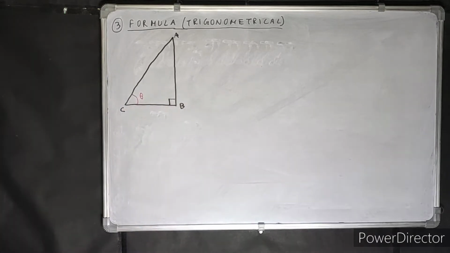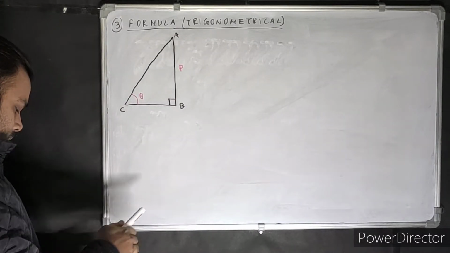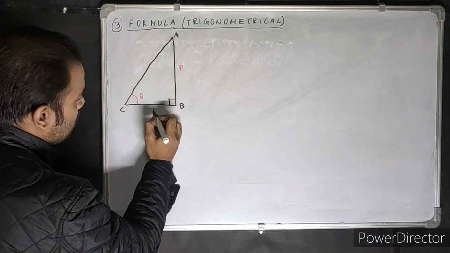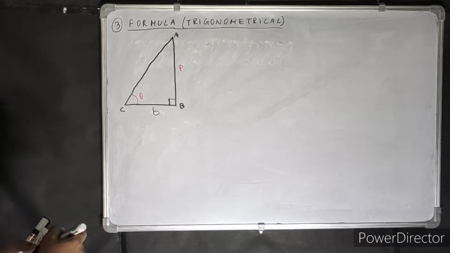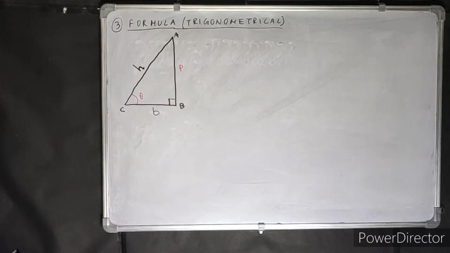According to the theta, this is the P, this is the B, and of course the hypotenuse never changes, so this is the H.